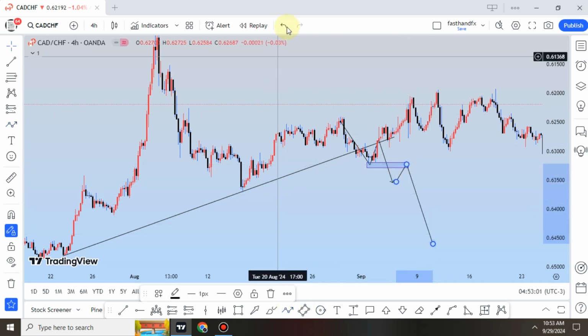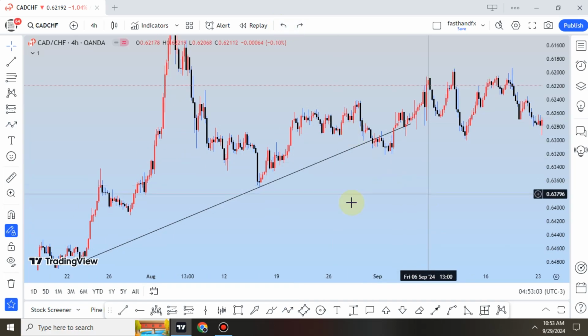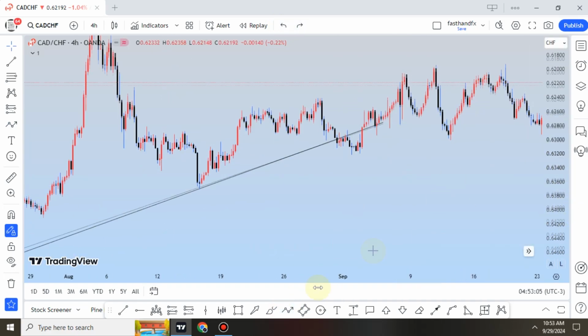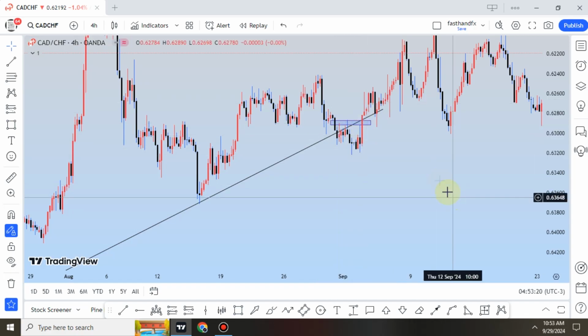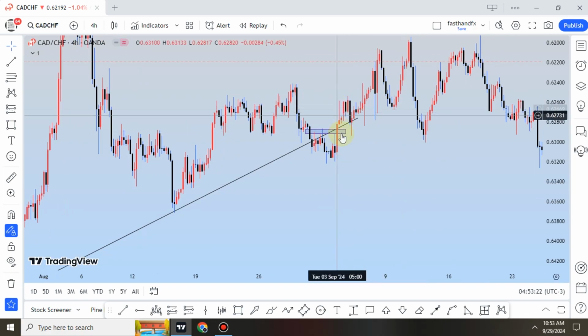But then what did the market do? The market never did that. In fact, we see the market dropped, touched our trend line, created a new high right here. This is the new high that the market did create. It came, created a new high, went back, then took out that new high. What did we say?